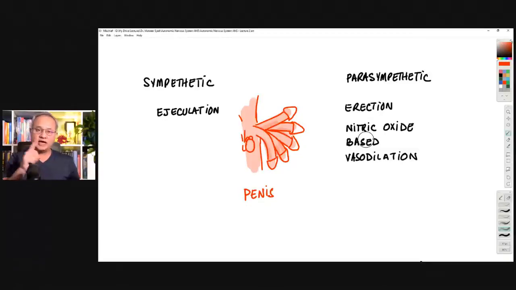This is why Viagra works, because that is a nitric oxide producing or analog of the nitric oxide. Not really the nitric oxide. It is a cyclic GMP producer, which is kind of an analog or behaves like nitric oxide, and the erection can develop. So what happens is under the parasympathetic system, nitric oxide is produced that causes the blood vessels to open up, the arteries to open up.